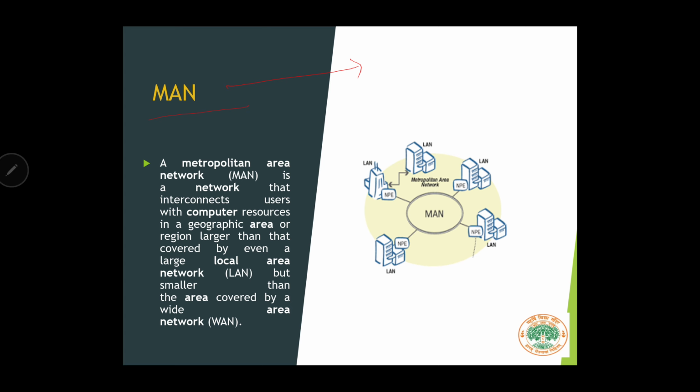So if you want to connect the computers, not any electronic devices, of the city, then you can take the help of the network known as MAN. A very popular example of a MAN network is the cable TV network. So this is the network diagram of MAN. So various small LANs are connected with the help of a MAN.